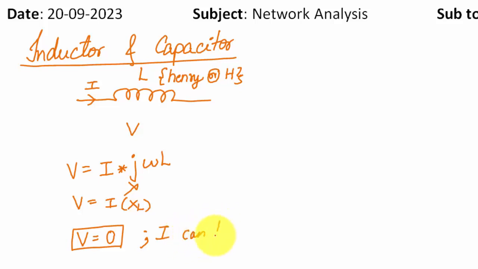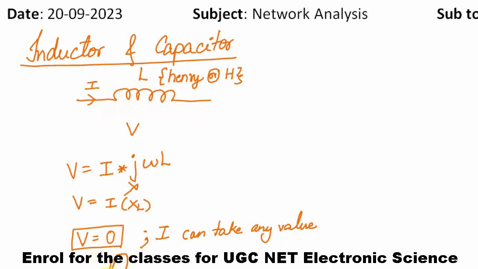It depends on the rest of the circuit, on what is connected to the left or right of it. With respect to the inductor, voltage drop across the inductor is 0 and current can take any value. This is how I explained with respect to an inductor.